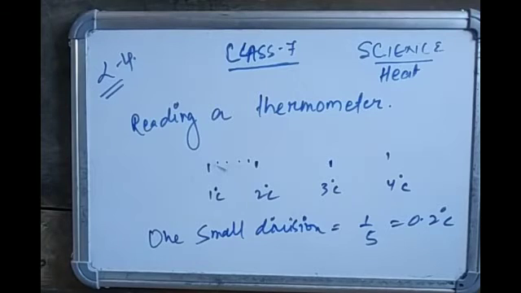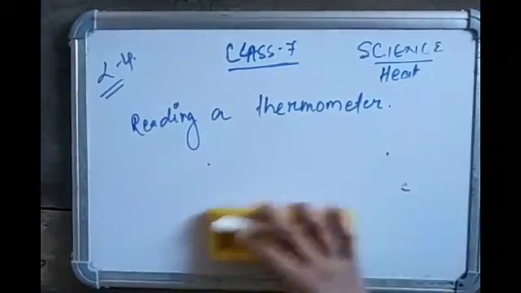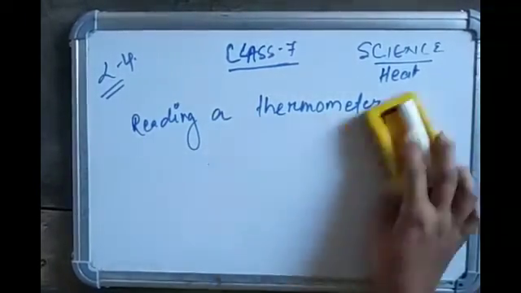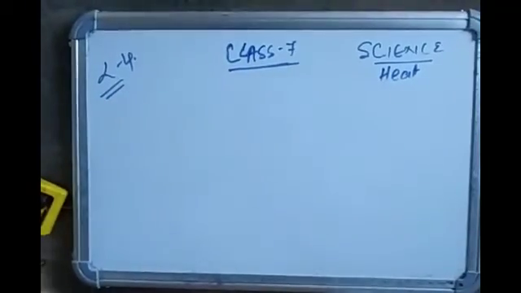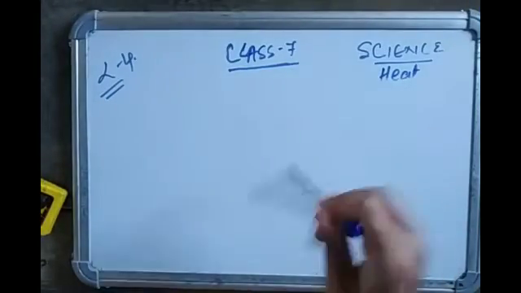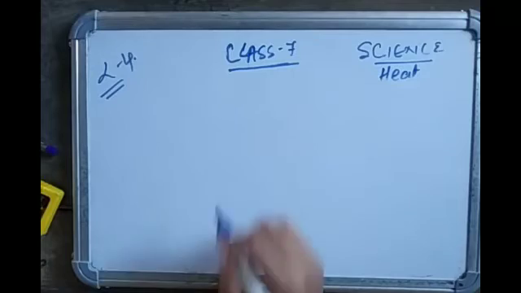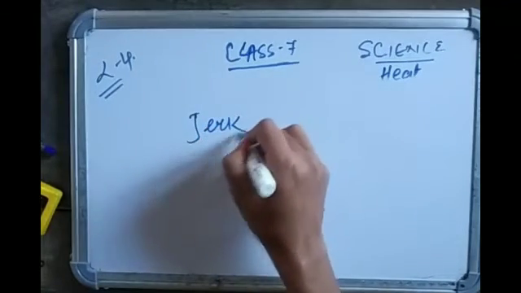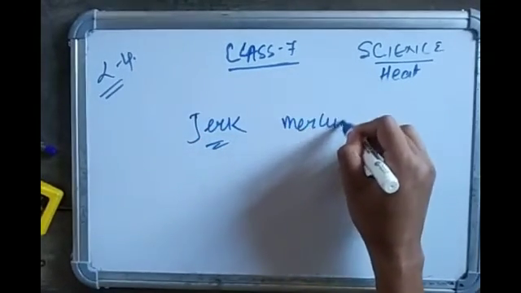Wash the thermometer, preferably with an antiseptic solution. Hold it firmly and give it a few jerks. The jerk will bring the level of the mercury down.